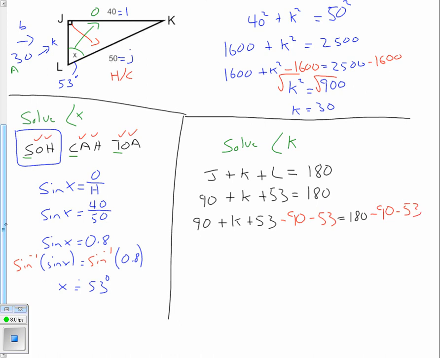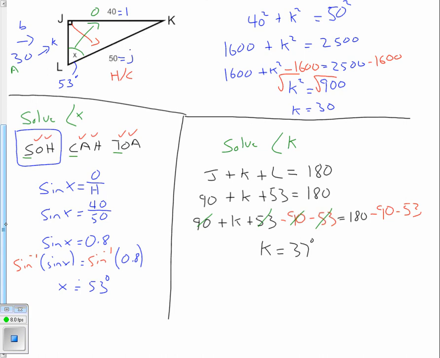So in the end, K is equal to 180 minus 90 minus 53, which means K is going to equal 37 degrees, because that 90 and that 90 canceled out, and that 53 and that 53 have canceled out. So K therefore must be 37 degrees.